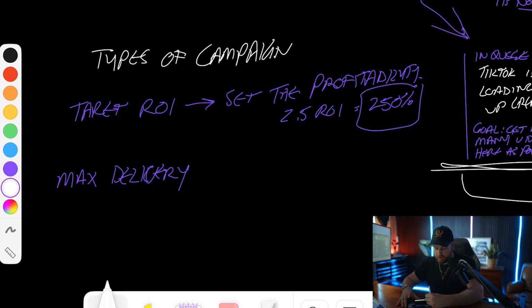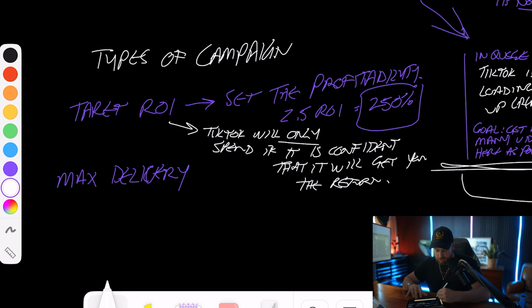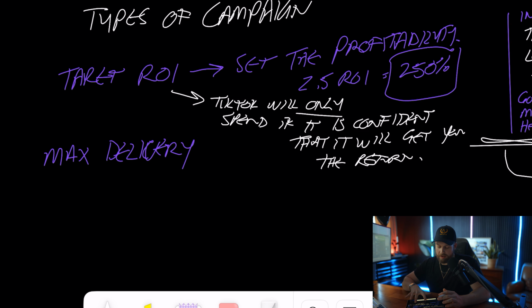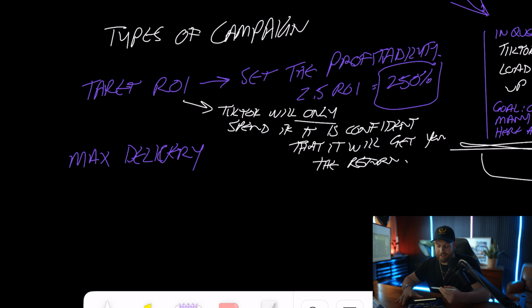And this is the really important detail, is TikTok will only spend if it is confident that it will get you that return. So there are so many scenarios and questions and inquiries I have about, like, why isn't my GMV Max campaign spending? It's likely due to you setting too high of a target ROI without enough data in the campaign for it to spend.